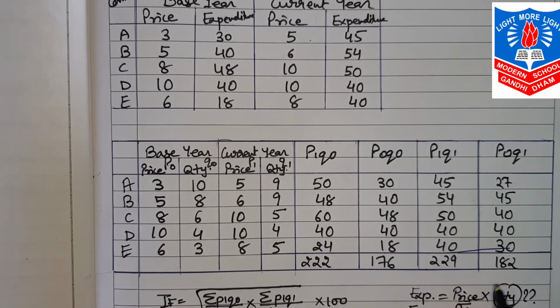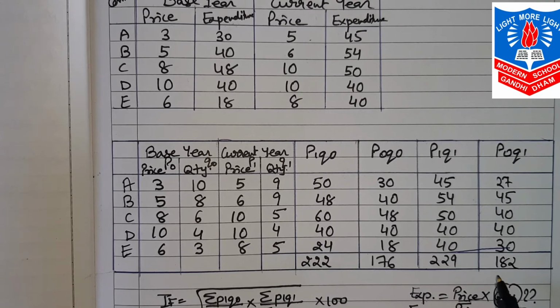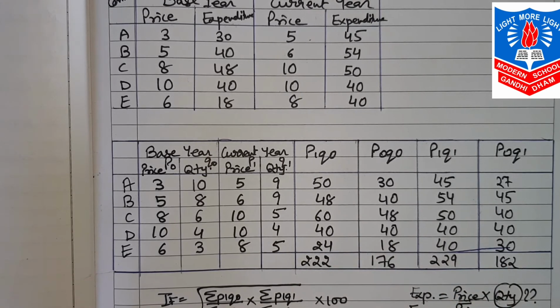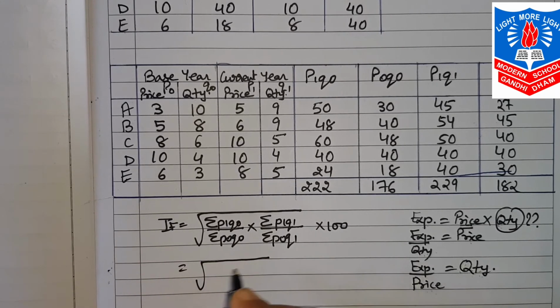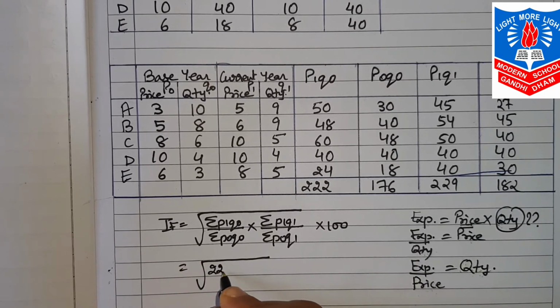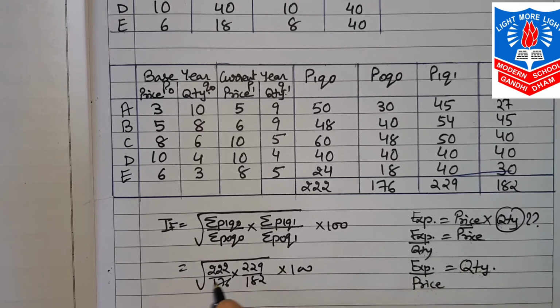Total comes to 182. Now put these four values in the formula. We get 222 divided by 176 into 229 divided by 182, root of this, multiplied by 100.